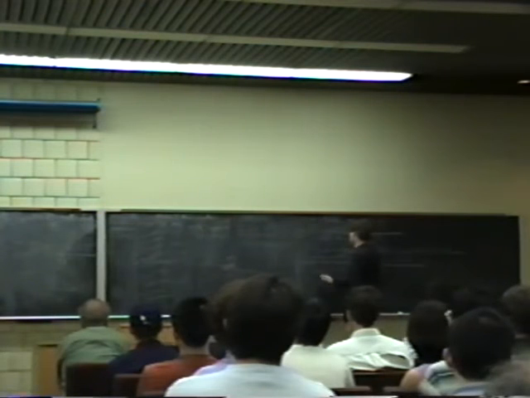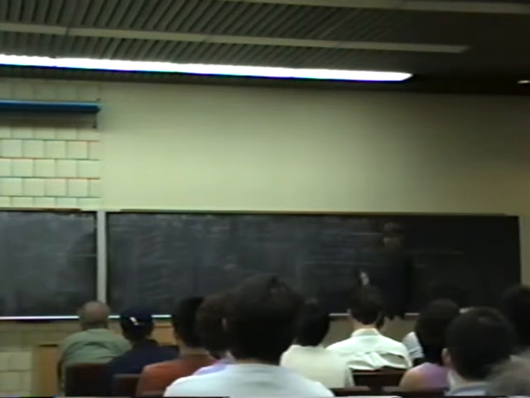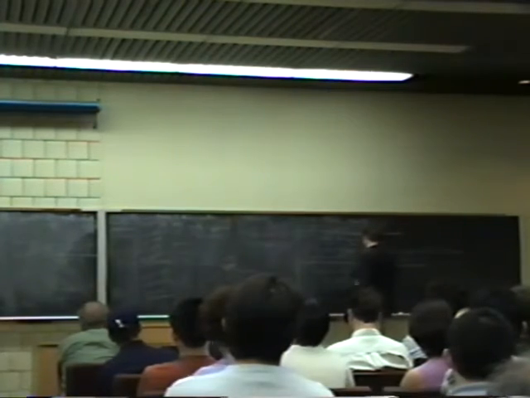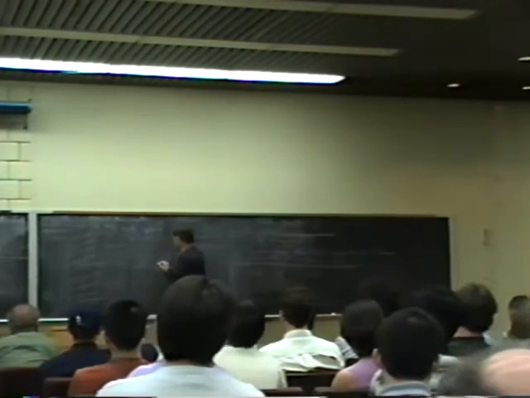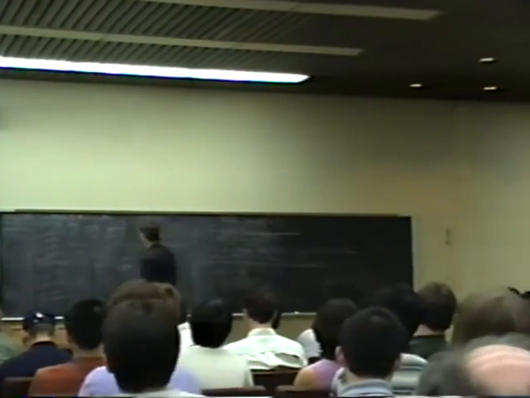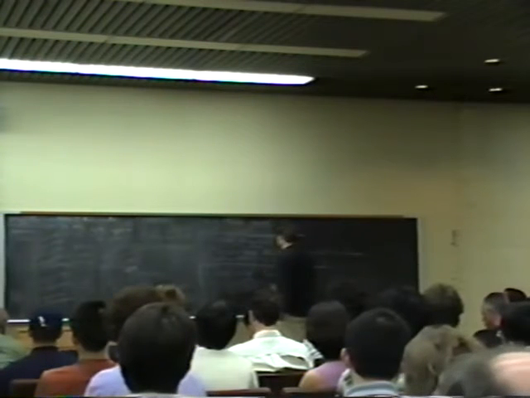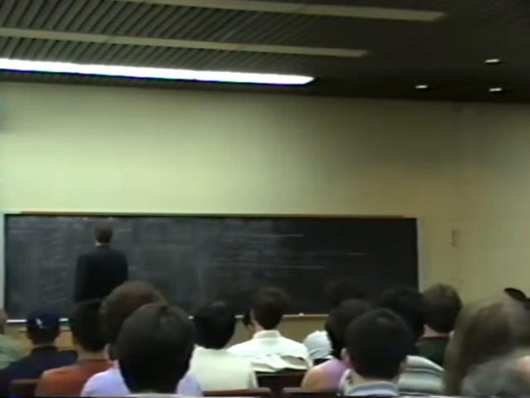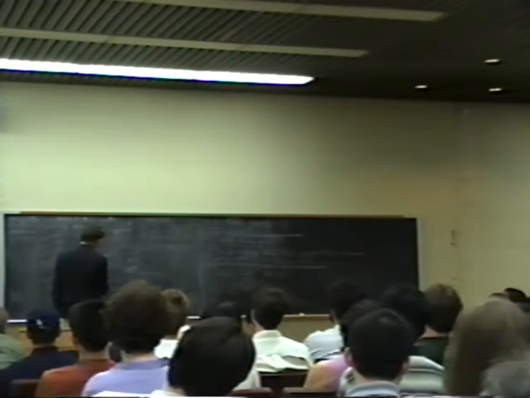Well, if you're looking at this, by the mean value inequality, since I'm now assuming it's harmonic, this is the average over the disk here, center x and radius x, of w. But this function is not negative. So if you integrate over a smaller set, then you get a smaller number.